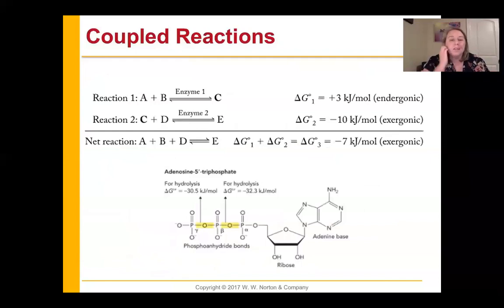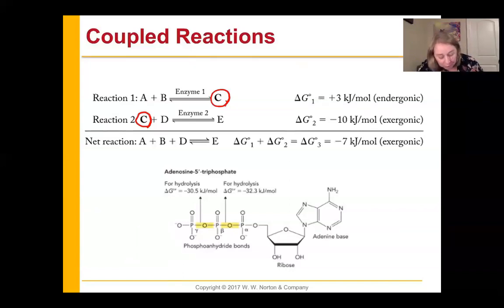All right. So in a standard reaction, right, we have A plus B goes to C. C is our intermediate because C is going to be a reactant in reaction 2, and we're going to convert it to E, right?